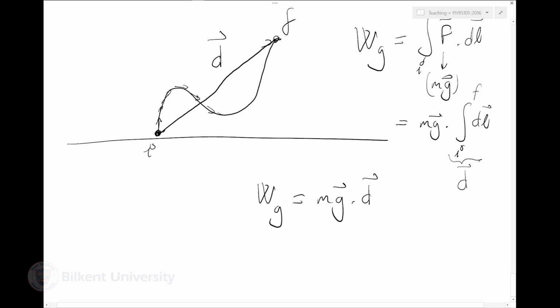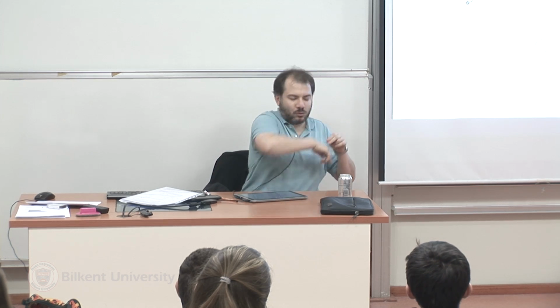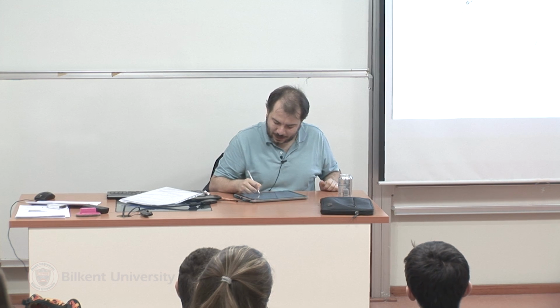Or maybe I can write it in other words. If this is the direction of g, the work done by gravity is essentially something related to the height of the object. That's the total distance traveled opposite to g. So it's going to be minus mgh in all situations. So what was my initial work energy theorem?